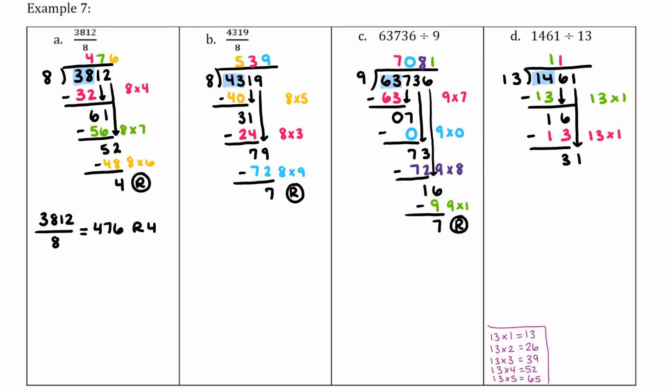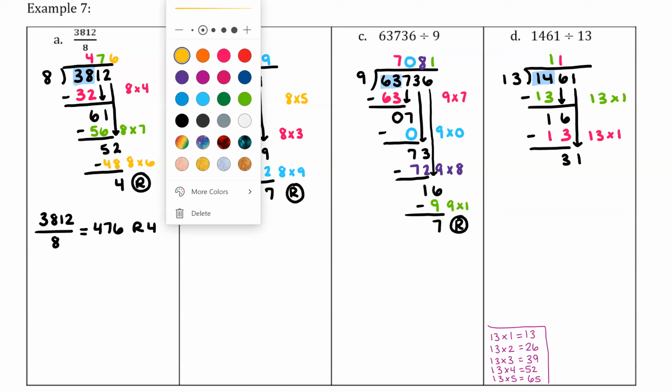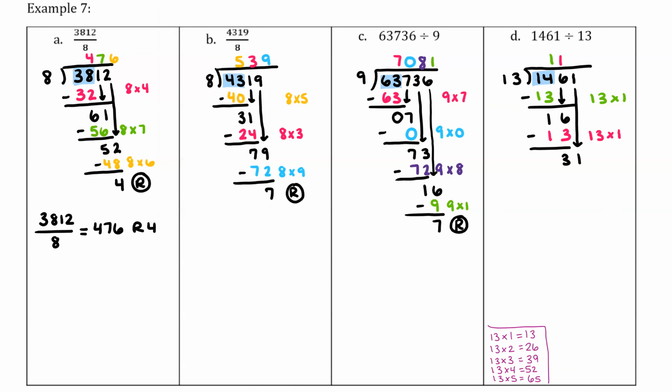So what can I times 13 by to get close to 31? Well, I could multiply by 2. 13 times 2 is going to be 26. That's as close as I could get to 31.